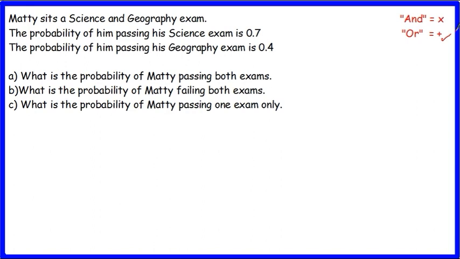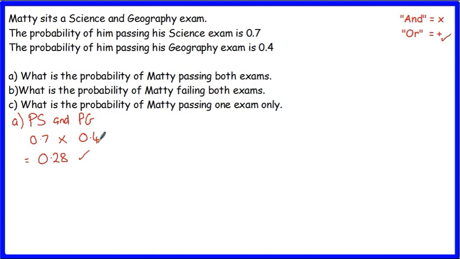So I'm going to put this here, it's part A. Passing both is passing science and passing geography. So underneath that, I'm going to write down the maths. Passing science is 0.7, and is multiplied. Passing geography is 0.4, and that is going to give me 0.28.